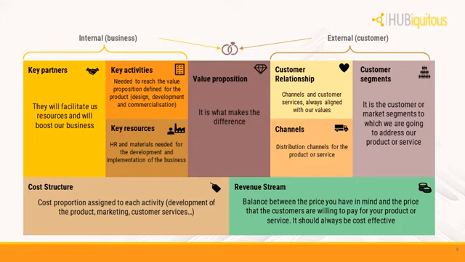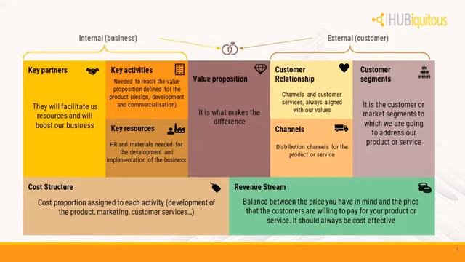On the right side, we can see the external part of the business model canvas that refers to the customer, and the customer includes, on one hand, the customer relationship together with the different customer segments, that is, which is going to be the objective, the target of my solution, and how I am going to develop the relationship with this target, and the channels that will be the tools that we'll use in order to develop these relationships.